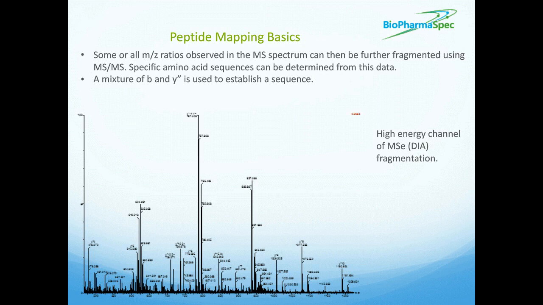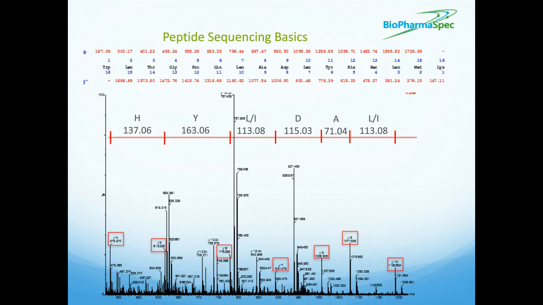This is an example of MSE data. This is a data-independent method, and it shows some of the labeled Y ions that are visible in the spectra. With this, we know the predicted sequence, so we are able to go through and label each of these Y ions that we see.